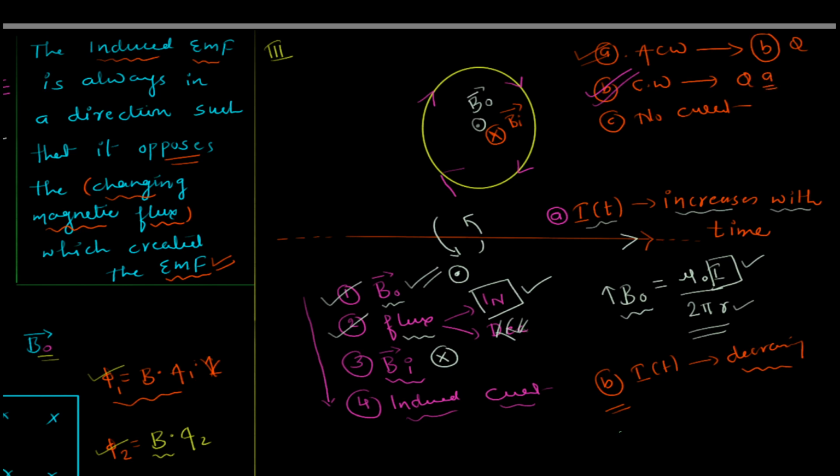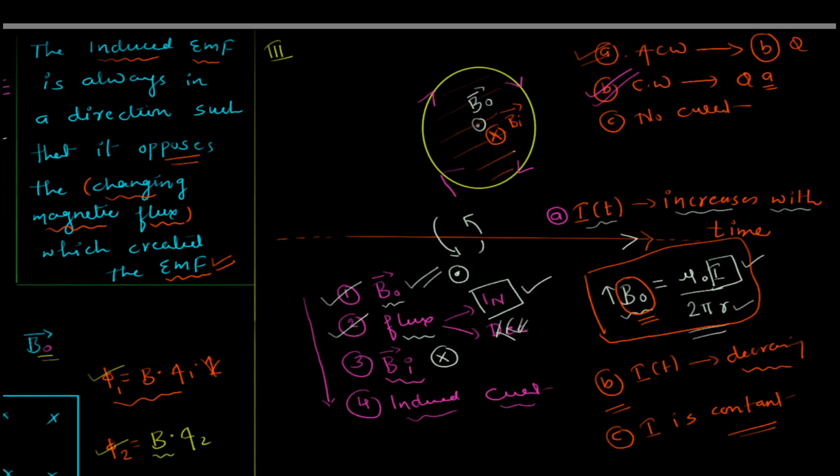And one more way I can ask this question, like C. Current is constant. That current in the long wire you see is actually constant. In that case, what would have happened? If the current were constant, pay attention to this expression for a minute. If the current is constant, then magnetic field itself is constant. So the magnetic field is constant, area is constant, angle is constant.